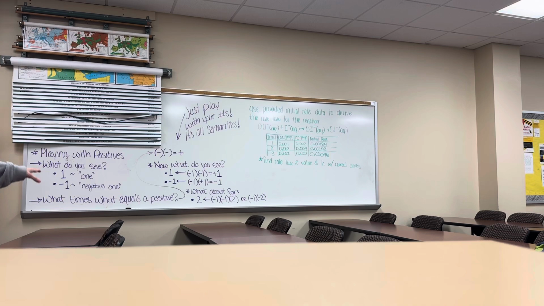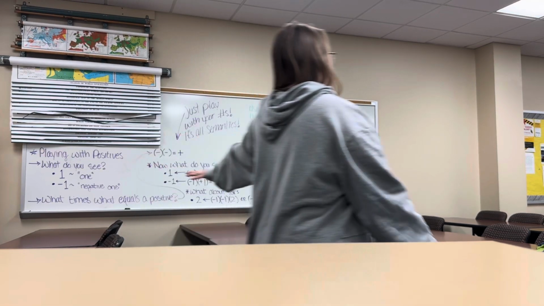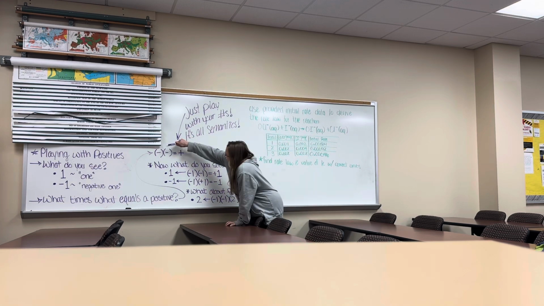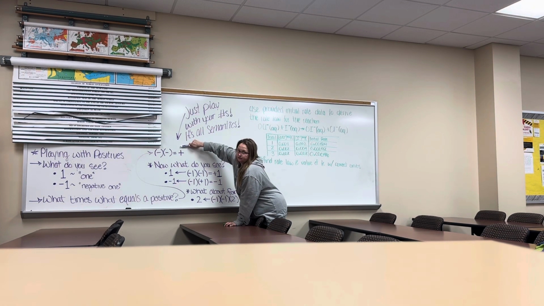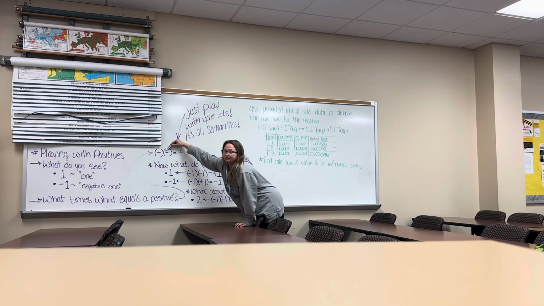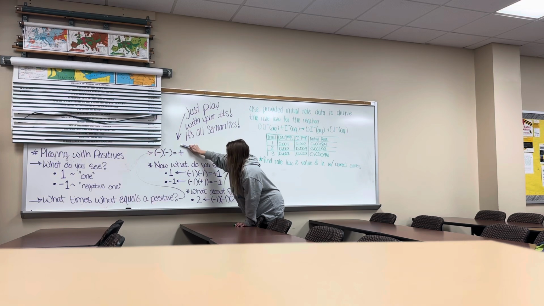Up here, let me come around. A negative times a negative equals a positive. These negatives could be anything. It could be -5 jillion times -2 equals a positive number. A negative times a negative is a positive.